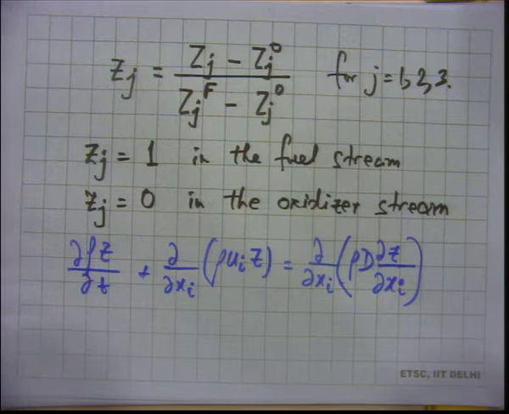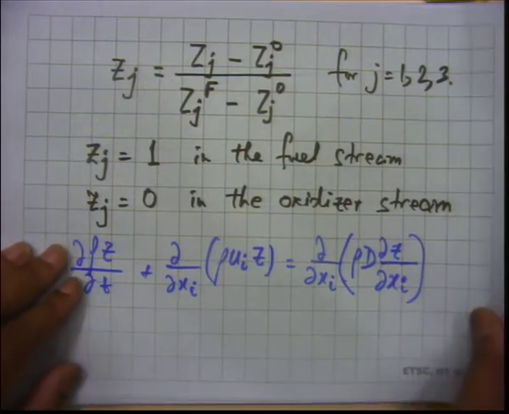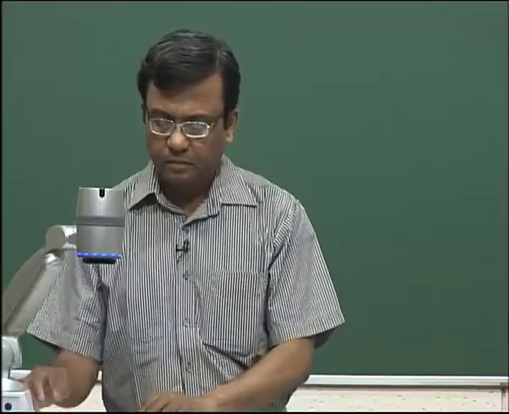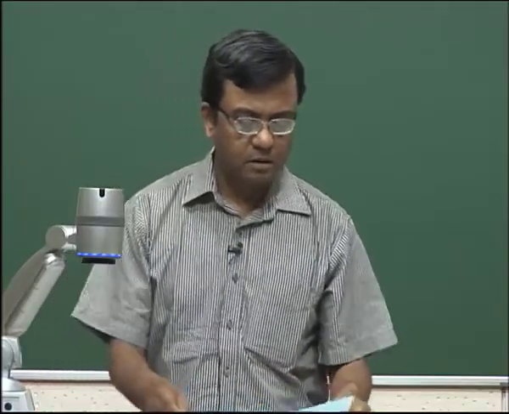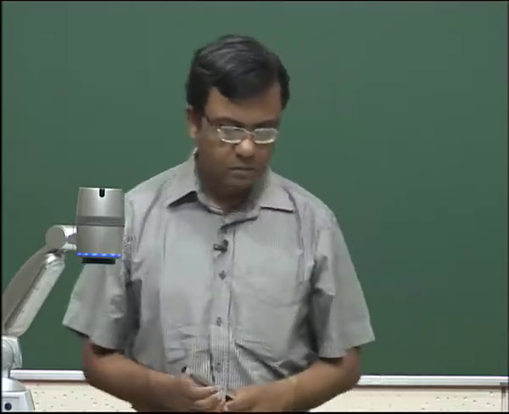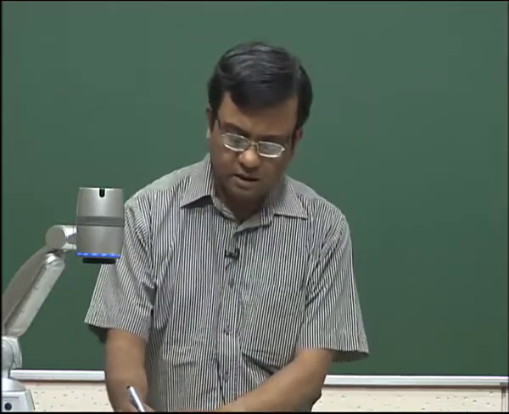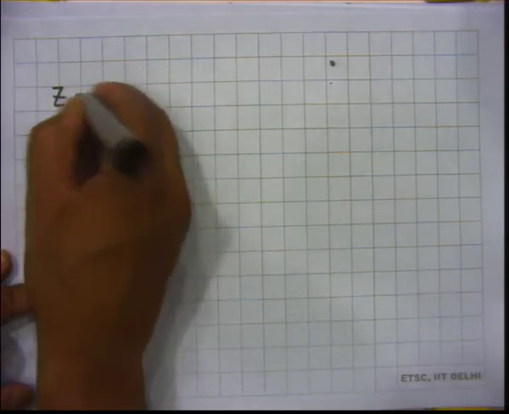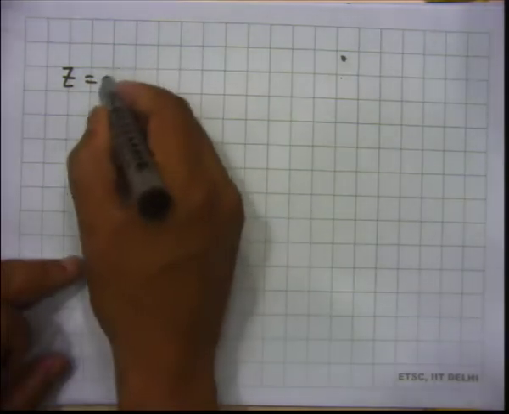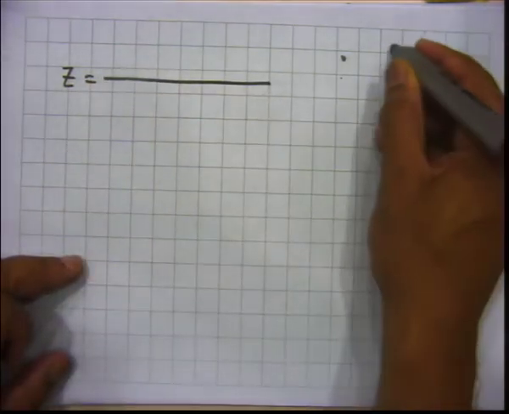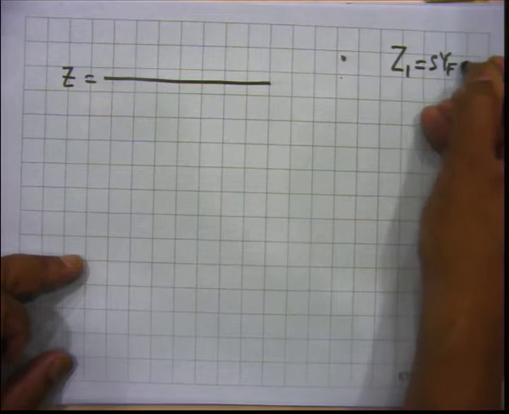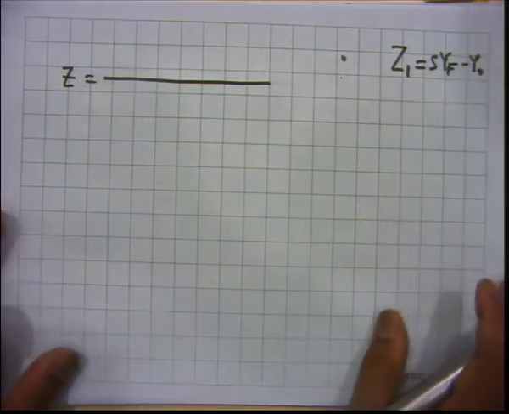But there are 3 small z's, so we can write expressions for these small z's. Let's take one of them, let's say this is small z1. This will be based on capital Z1, and capital Z1 was SYF minus YO, correct?